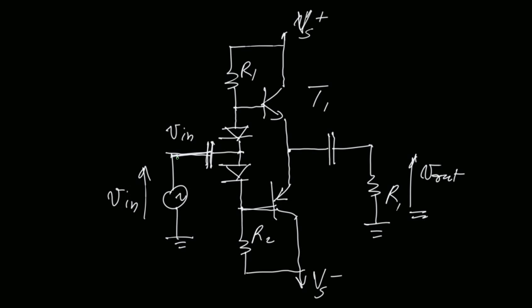Now let's assume that Vin is equal to 0. Oh, by the way, we choose these two diodes. We're going to call them D1 and D2. So there's T1, T2, D1, and D2. We're going to choose them so that they are always on, no matter what value is in Vin. So let me put it here as a note.